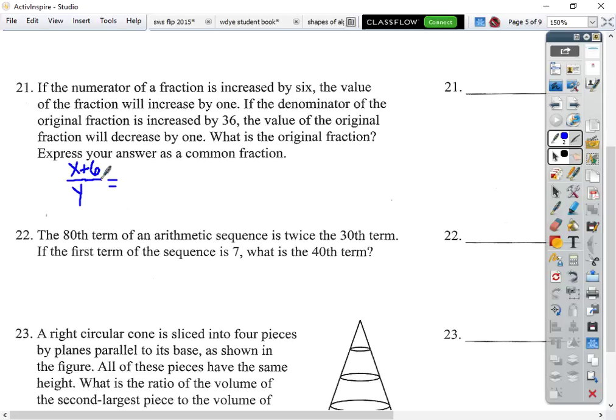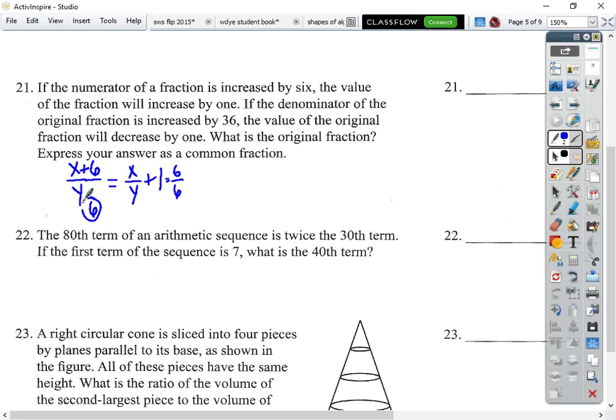Which means that if I have x plus 6, then we know that our denominator has to be 6 in order to have that 1 be an extra 1 when we add the 6 on top. Because when we do this, if we have x over y plus 1, that 1 needs to be equal to 6 over 6, because we added that 6. So we know our denominator is 6.